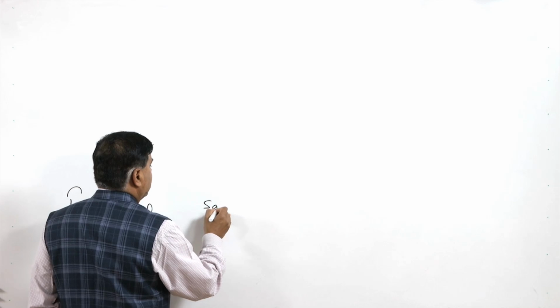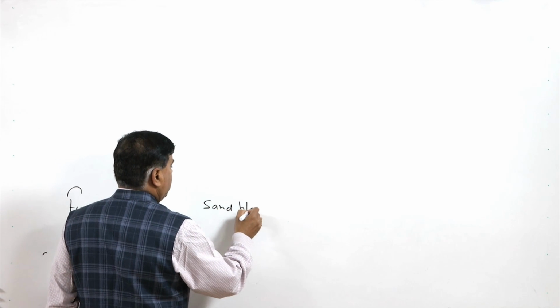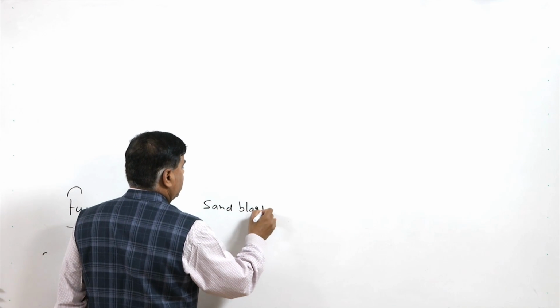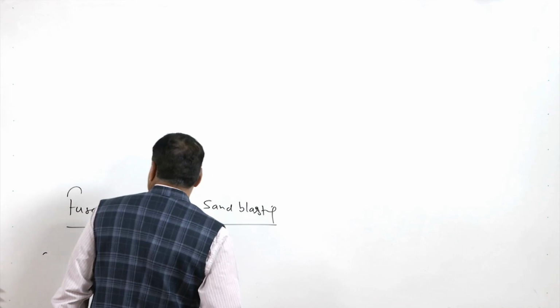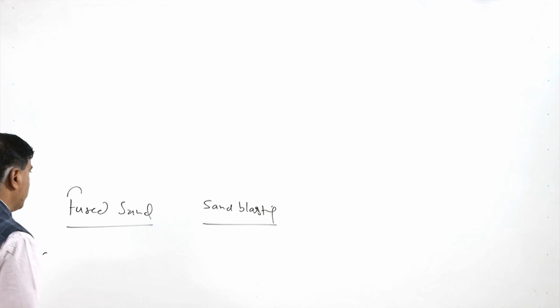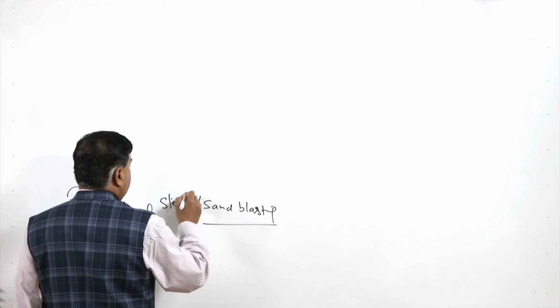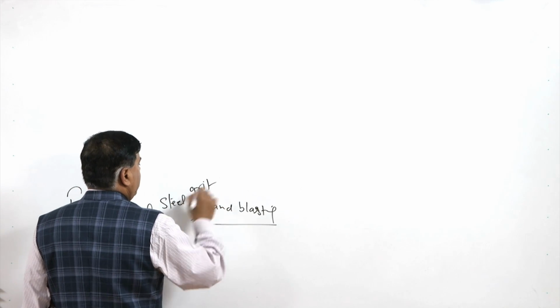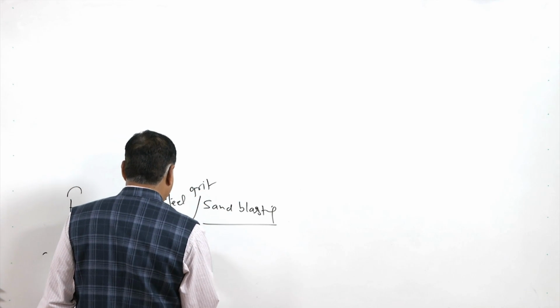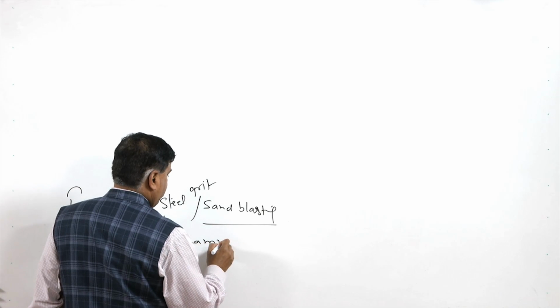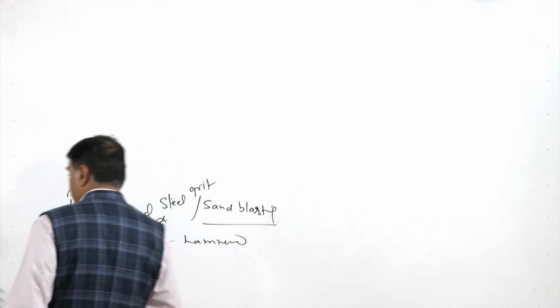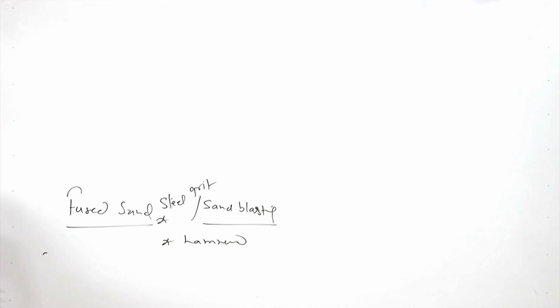One is the sand blasting, or there is one more, the steel grit blasting, and it can also be hammered for its removal.